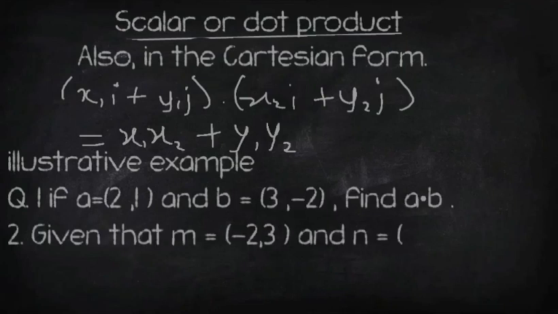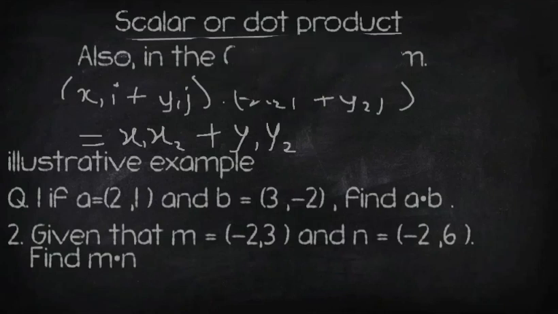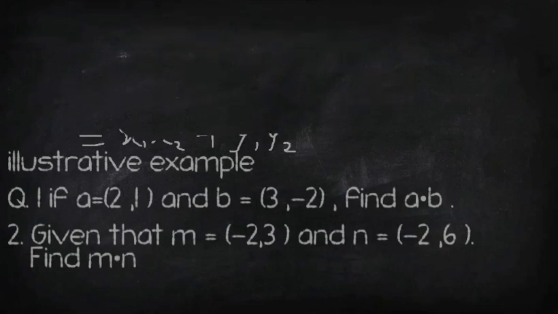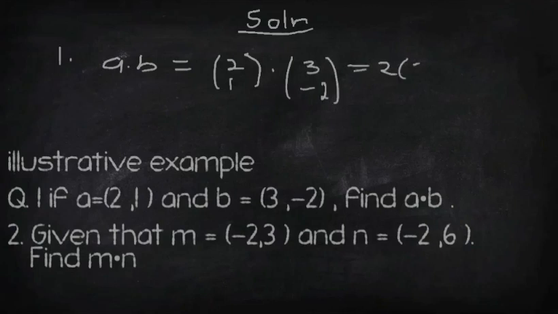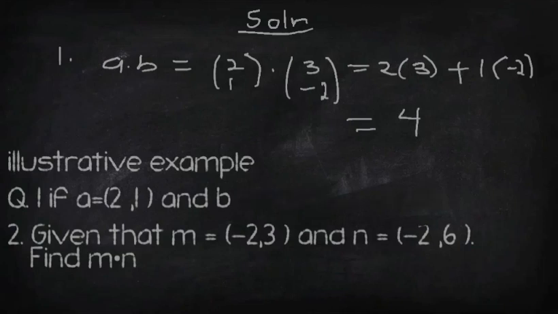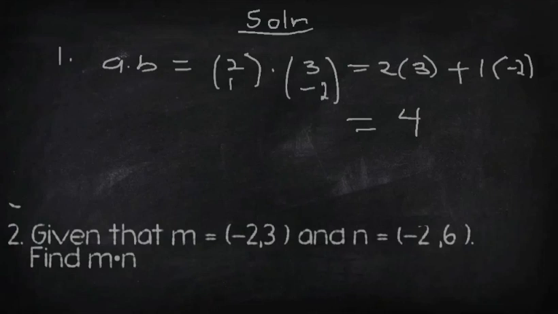Illustrative example. If a is equal to (2, 1) and b is equal to (3, -2), find a dot b. The second question, given that m is equal to (-2, 3) and n is equal to (-2, 6), find m dot n. So we are tackling the first question. a dot b is equal to (2, 1) dot (3, -2), which is equal to 2 times 3 plus 1 times -2, and our answer was 4.